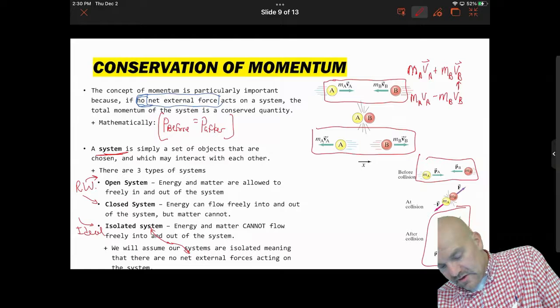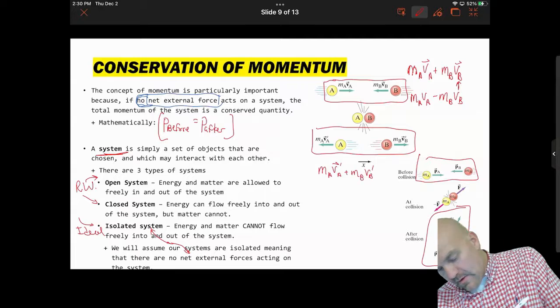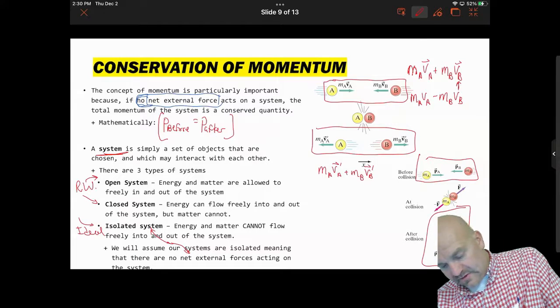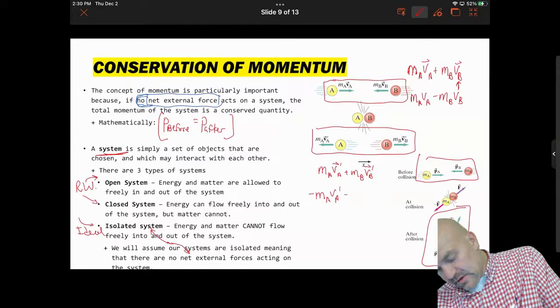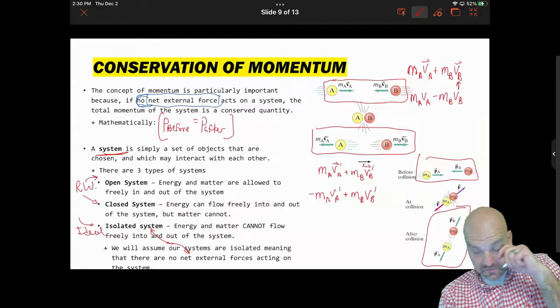And then afterwards, again, MAVA prime plus MBVB prime, right? But if I'm looking at magnitudes, MA has now reversed its direction, and MB is going in the positive direction.